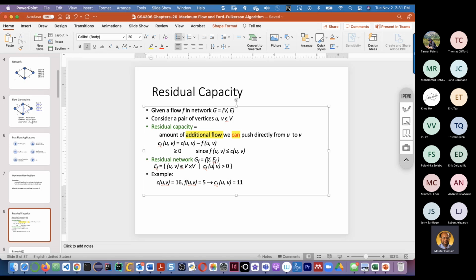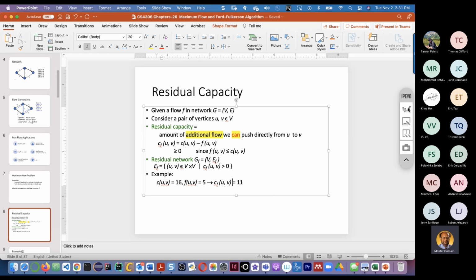For example, if the capacity from U to V is 16 units, and the current flow is 5 units, then the residual flow will be 16 minus 5 equals 11 units.